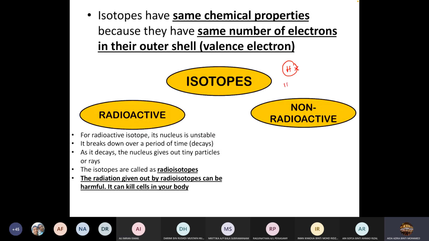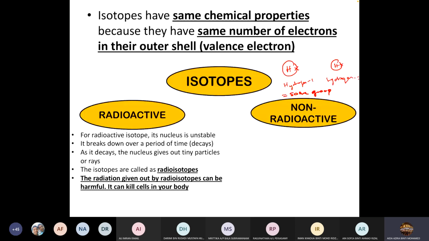Lepas tu hydrogen 2 pun ada satu juga. So, bila dia ada same valence electron, maksudnya they belong in the same group, isn't it? So bila dia fall in the same group, they have same chemical properties.